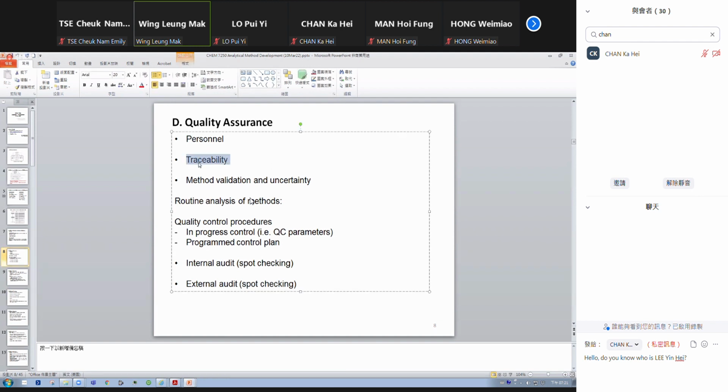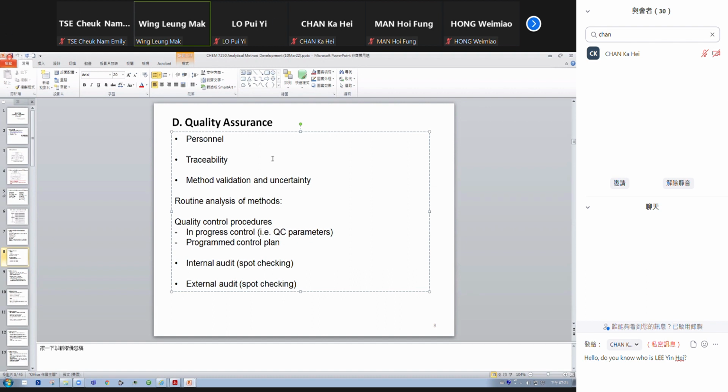The traceability, as I told you before, is the chemicals maybe. The traceability to the SI unit, the concentration of the chemicals, or when you measure the sample weight, the balance should be calibrated to ensure the weight is correct.